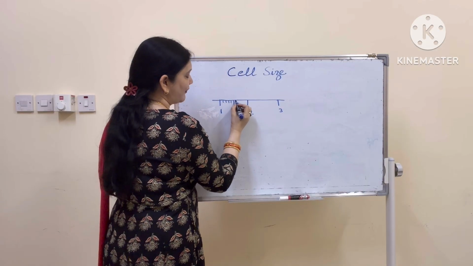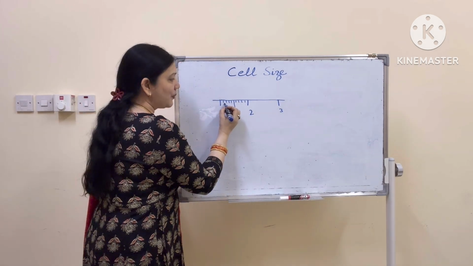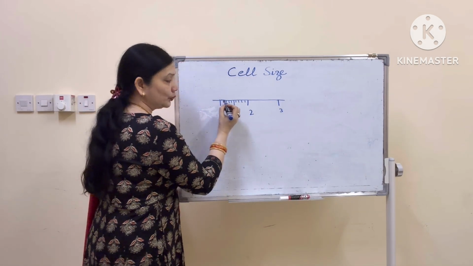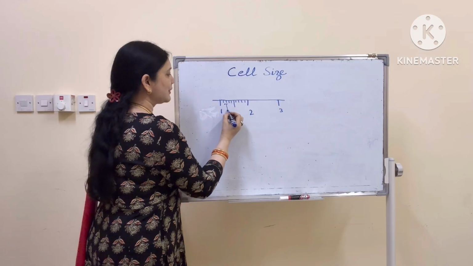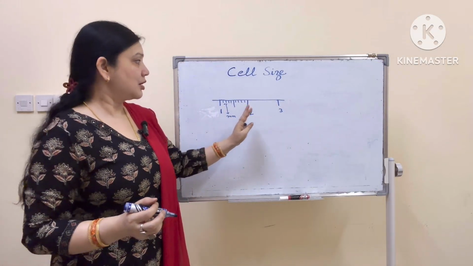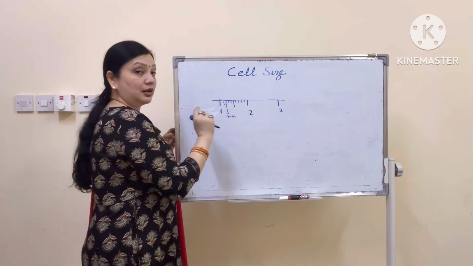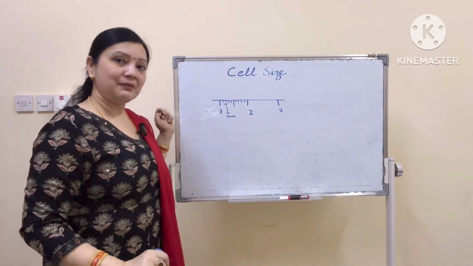You know this, you all have seen a scale, right? So the gap between any two small markings is called millimeter. Between any 2 centimeter markings, the distance is called millimeter.